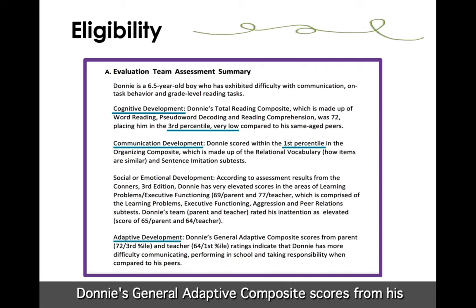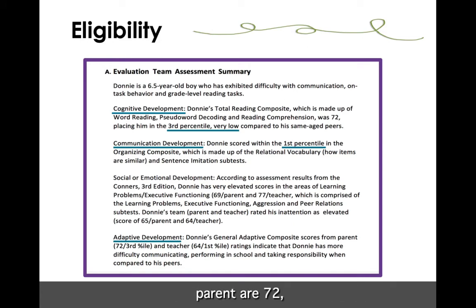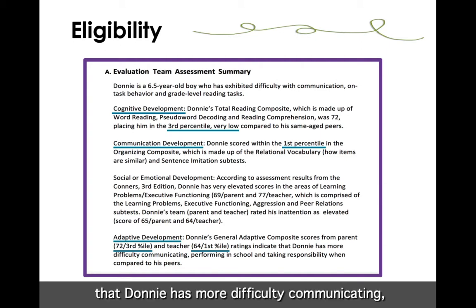In adaptive development, Donnie's general adaptive composite scores from his parent were 72, the third percentile, and teacher, 64, first percentile. These ratings indicate that Donnie has more difficulty communicating, performing in school, and taking responsibility when compared to his peers.